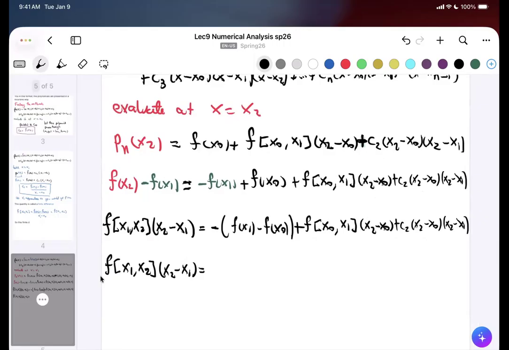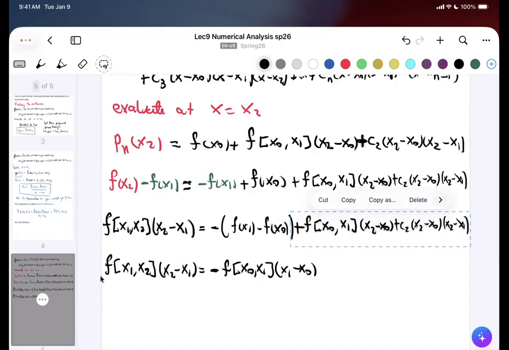This would be minus f of x0 comma x1 times the length between the points, x1 minus x0. And then the rest is the same.